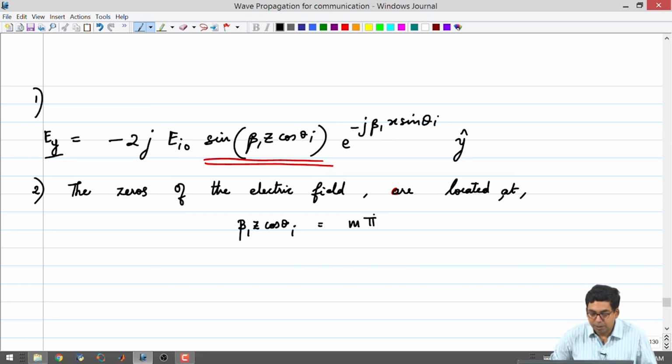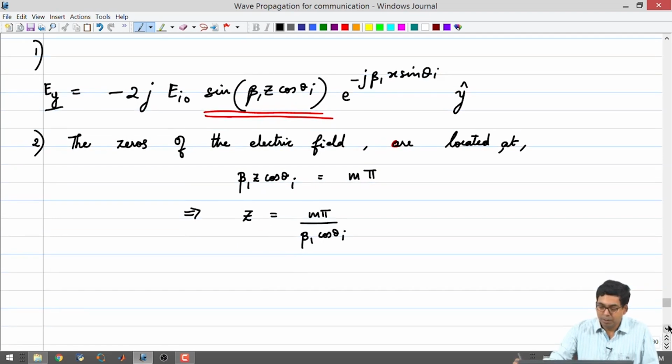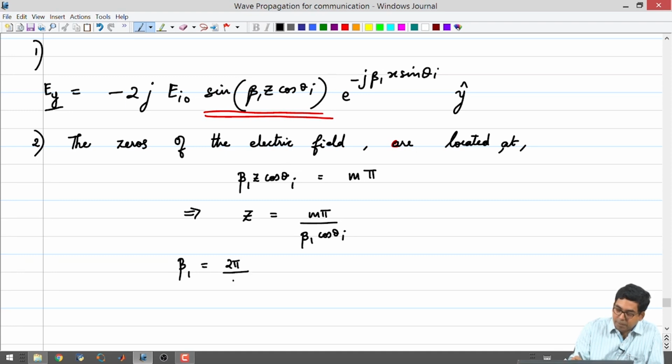Now that we know where the zeros would be, we can directly say at which positions z you will have zeros of the electric field. You can write this as z = m pi divided by beta 1 cos theta I. To make it more intuitive, write beta 1 equal to 2 pi by lambda 1, where lambda 1 is the wavelength in the medium.